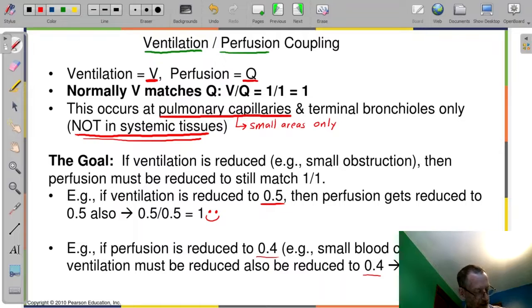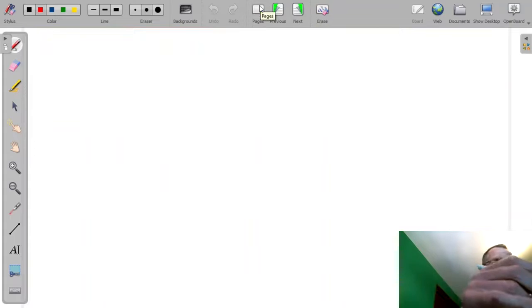We'll talk about this a little bit more, but let me point out, I'm going to go to a blank page, that there are areas in the lungs where there are normal VQ mismatches.